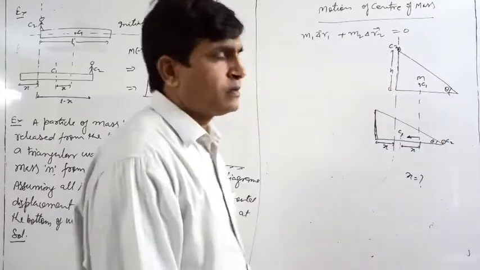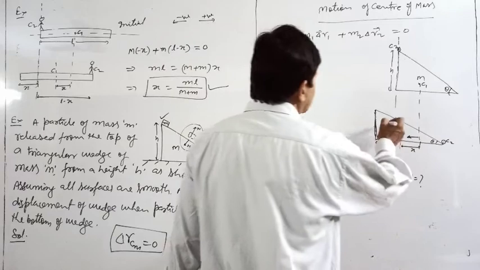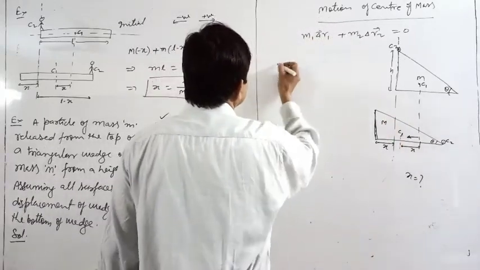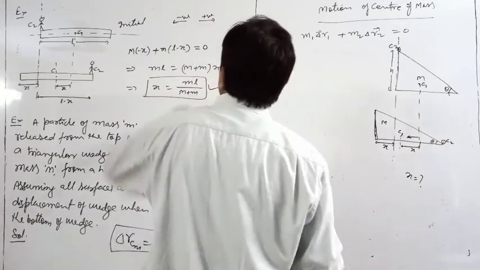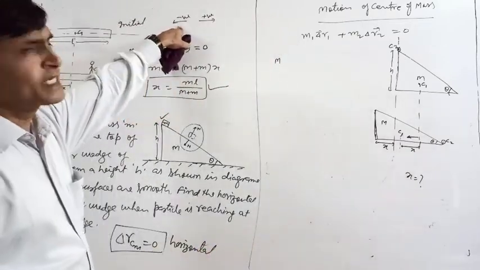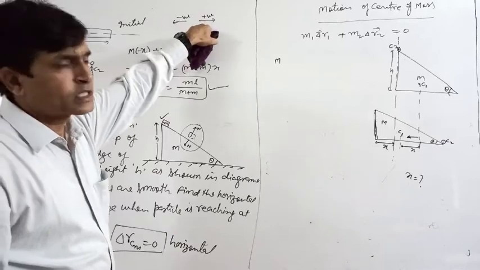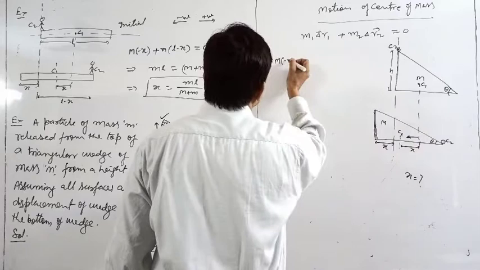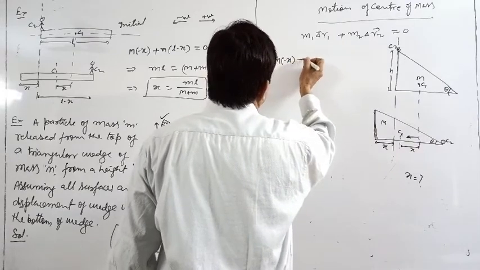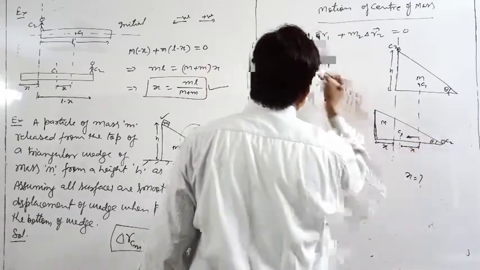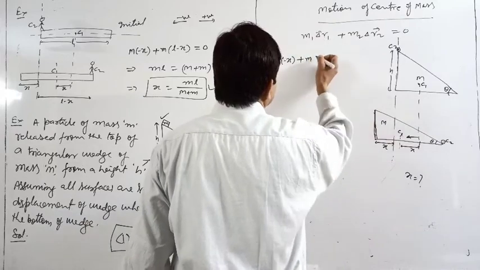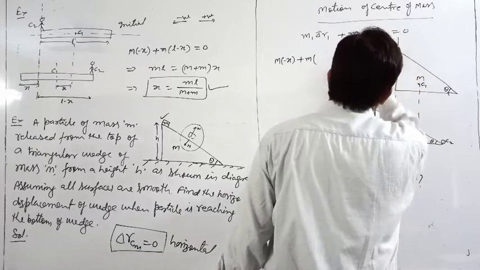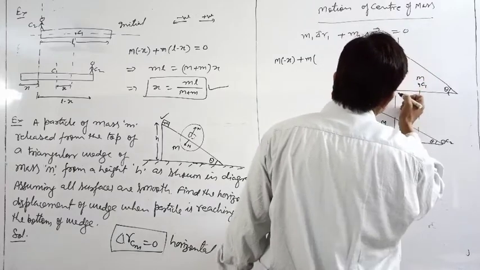Left side. Mass of this is capital M, same rule: left side I will take negative, right side positive. So C1 moves left by x: M into x, plus m2, the mass of the particle, and the displacement of the particle horizontally is this.